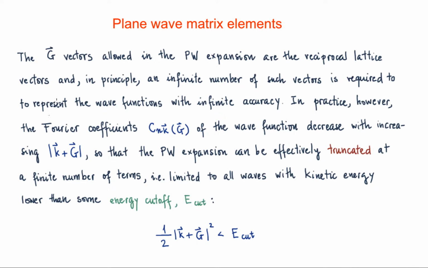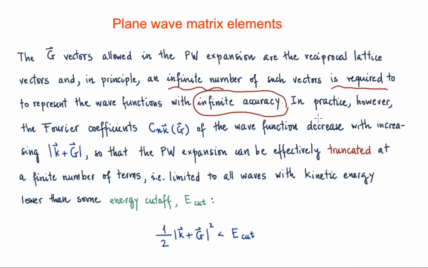As we have said, the G vectors in this plane wave expansion are the reciprocal lattice vectors, and in principle there is an infinite number of them. Of course, they are required in order to represent the wave functions with infinite accuracy.